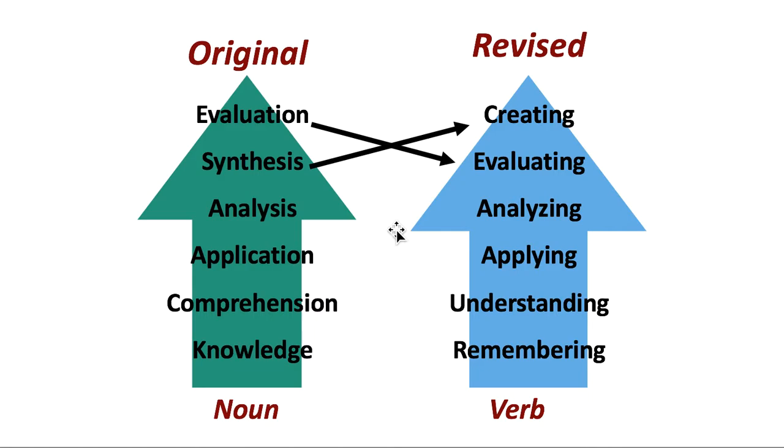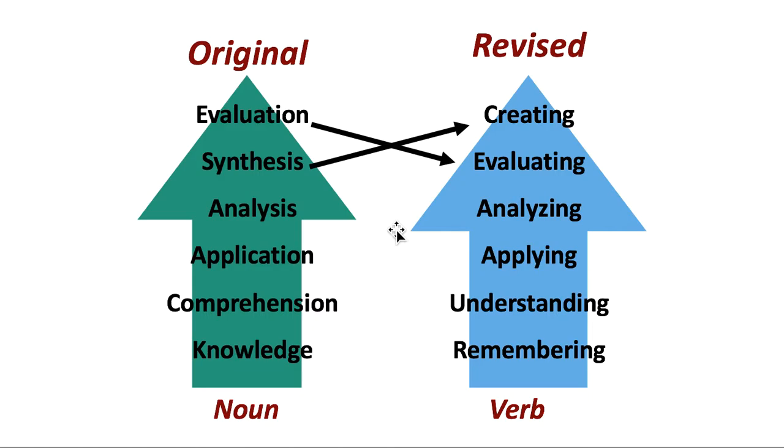Again, the original Bloom's on your left, they're all nouns: knowledge, comprehension, application, analysis, synthesis, and evaluation. They went back in 2001 and changed it and decided that they wanted action verbs to represent the levels, and that evaluation wasn't the top level, the hardest, deepest cognitive ability that a student can do. So they switched it up. The new one is remembering, understanding, applying, analyzing, evaluating, and then creating as the top level of Bloom's taxonomy.